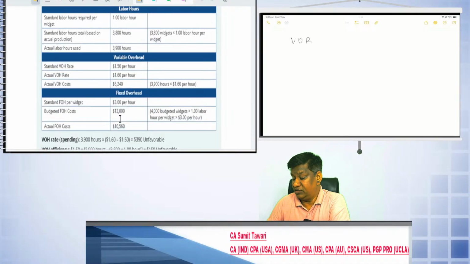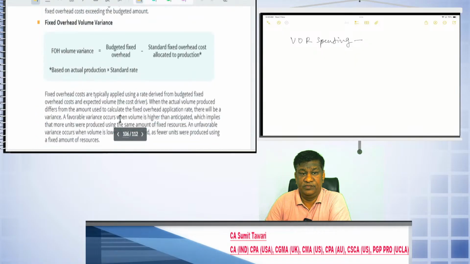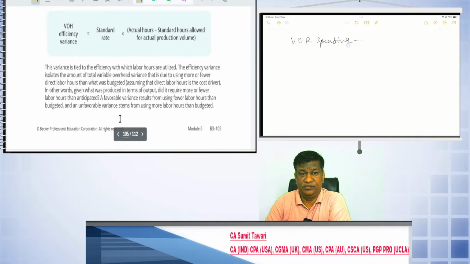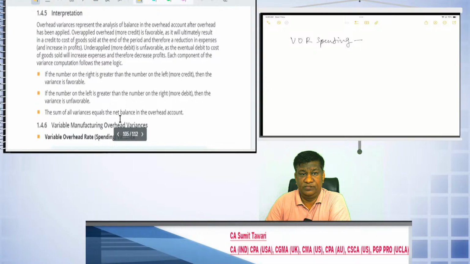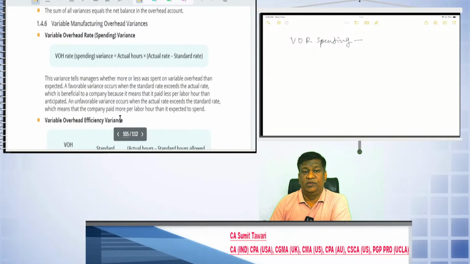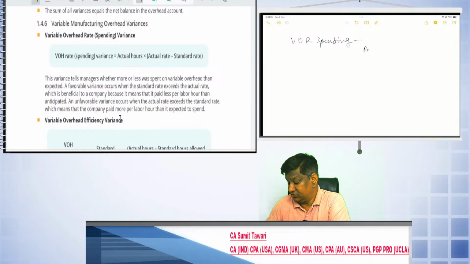Variable overhead rate spending. So what is the formula basically? Spending variance: whatever may be the actual hours multiplied by standard rate minus actual rate.